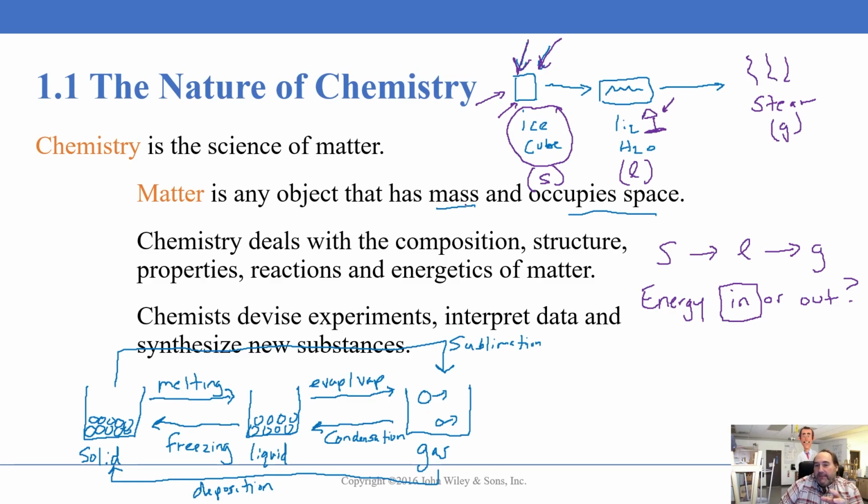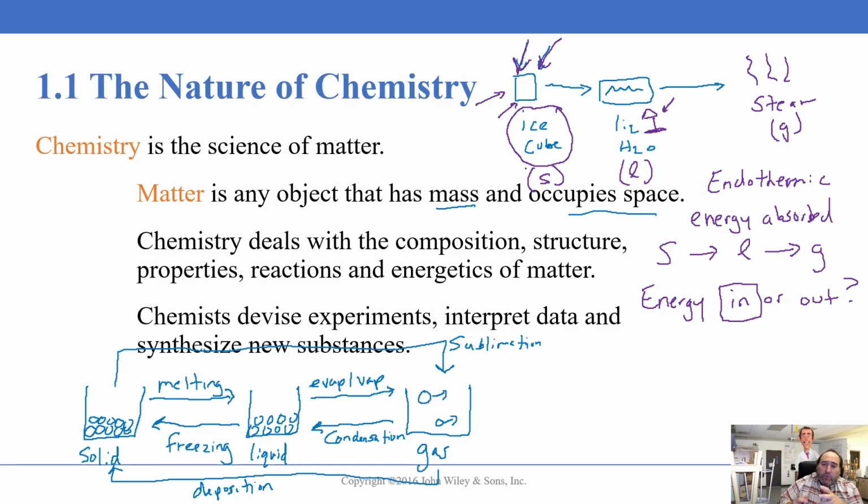And all those processes that require energy to be put in are sometimes referred to as energy being absorbed by the system. And those processes in chemistry are what are referred to as being endothermic. So when somebody says this is an endothermic process, heat and energy is being absorbed.